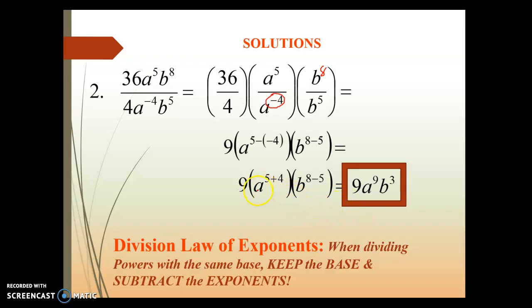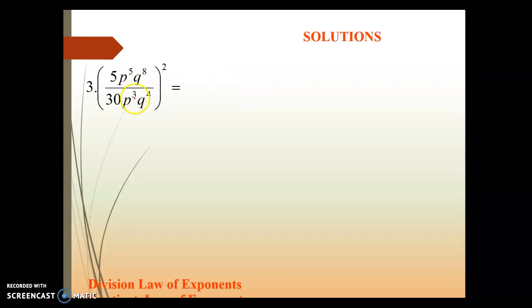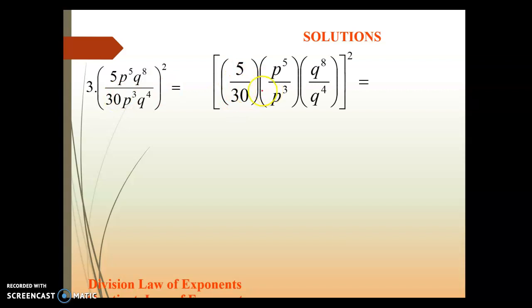Okay, good. Let's proceed to number 3. Here you might have a lot of methods that can be applied, or you might have your own solution. This is my solution. I prefer simplifying first the numbers. So this is my first solution: 5 over 30, p to the 5 over p to the 3, q to the 8 over q to the 4, all raised to 2.